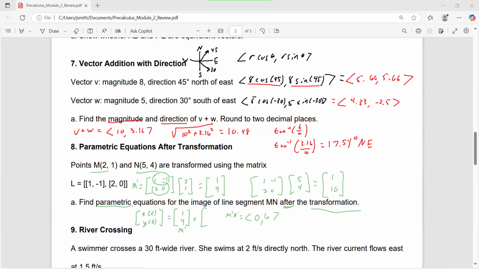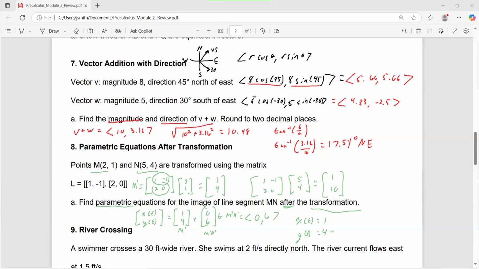So in this case, 0, 6. So this would be your vector here times t. All you got to do now is write that in equation form. So that would be x of t equals 1 plus 0t. Do I need to write 0t? No, so it's just equal 1. Then y of t would equal 4 plus 6t.